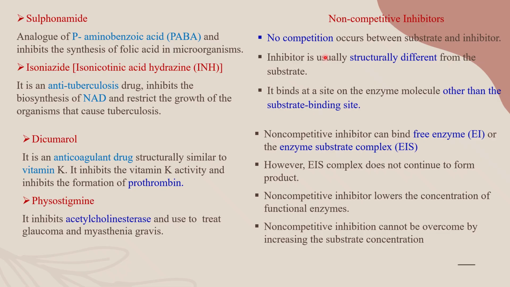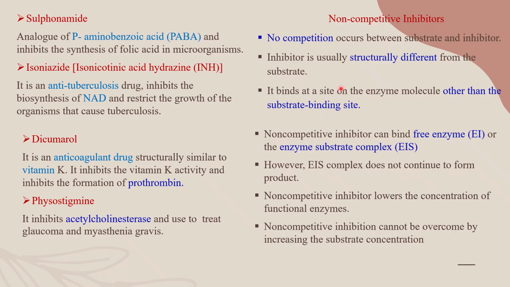What we have seen in the case of competitive inhibitor, there was a competition between the actual substrate and the inhibitor. But here there is no competition between the actual substrate and inhibitor, because the inhibitor is structurally different from the substrate, and it also binds at a site on the enzyme molecule other than the substrate binding site.